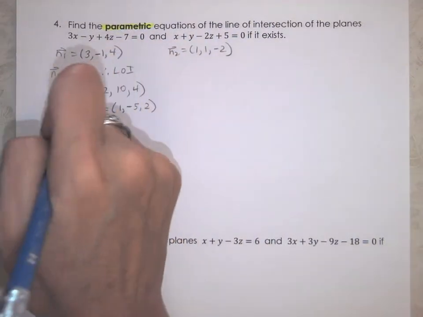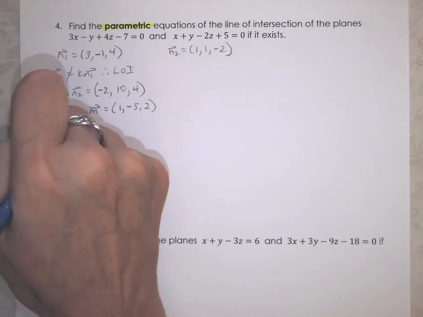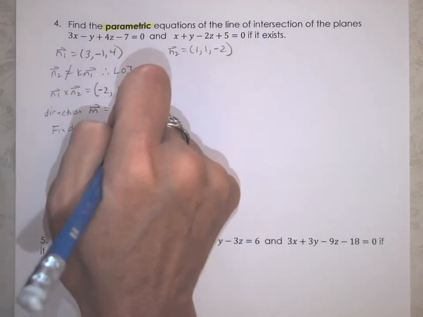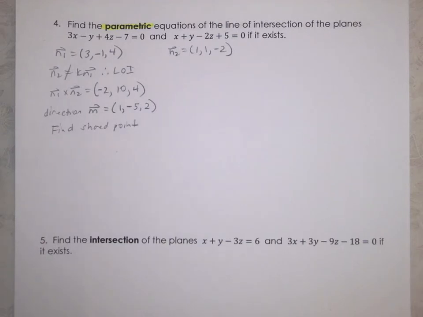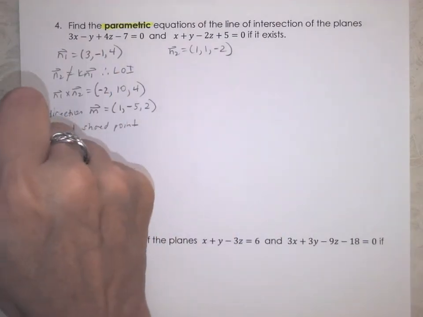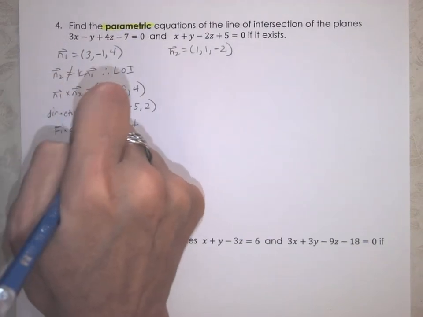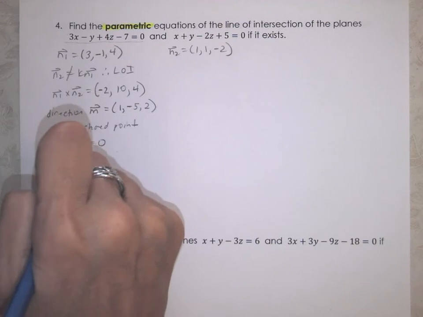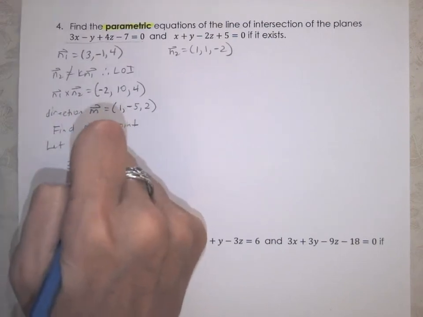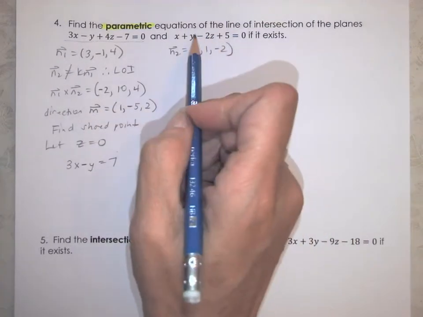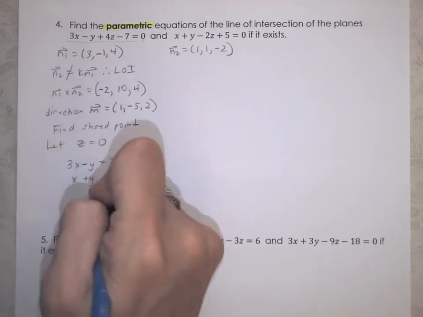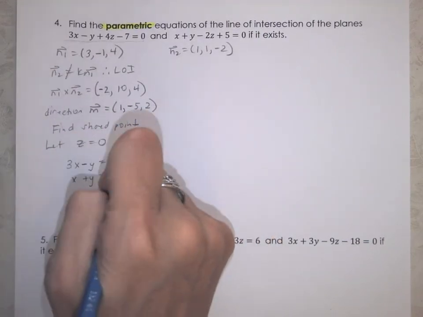And now I have to find a shared point. So a point that's on both planes is on the line of intersection. So I'm going to let z equal 0 again. So if z is 0 in this first equation, it's going to become 3x minus y equals 7. And if z is equal to 0 in the second one, I'll get x plus y equals -5.